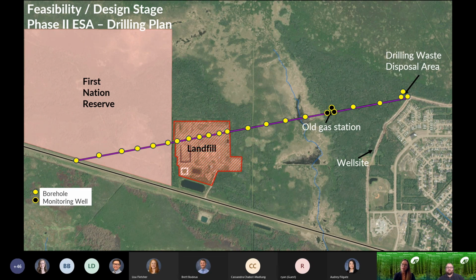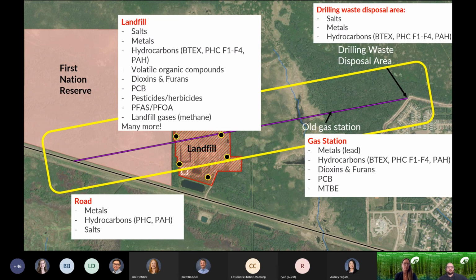Scott asks, why is the search radius limited to 300 meters? So the 300 meters is the typical standard that's used. The CSA standards require a minimum of 300 meters. We can go further away for those searches, but the 300 meters is based on a hydrocarbon contaminant plume.